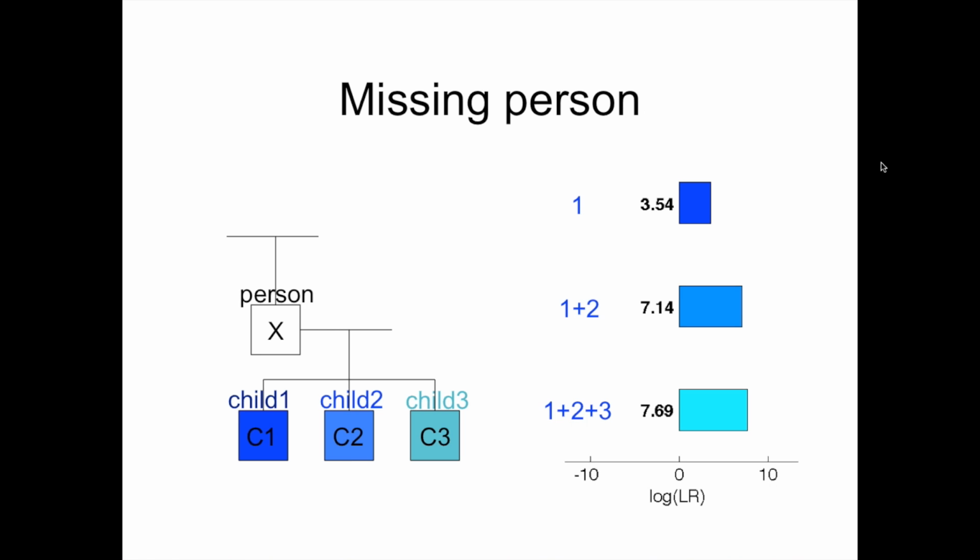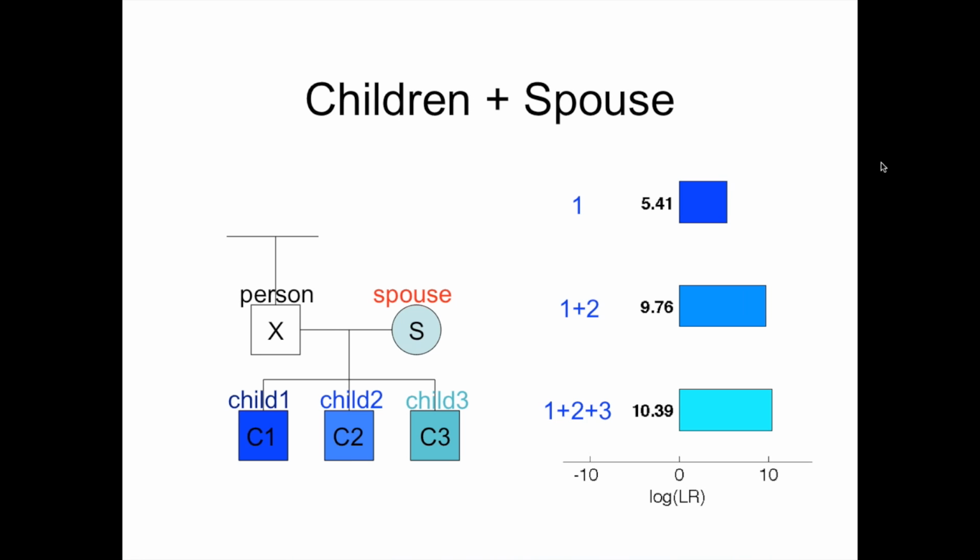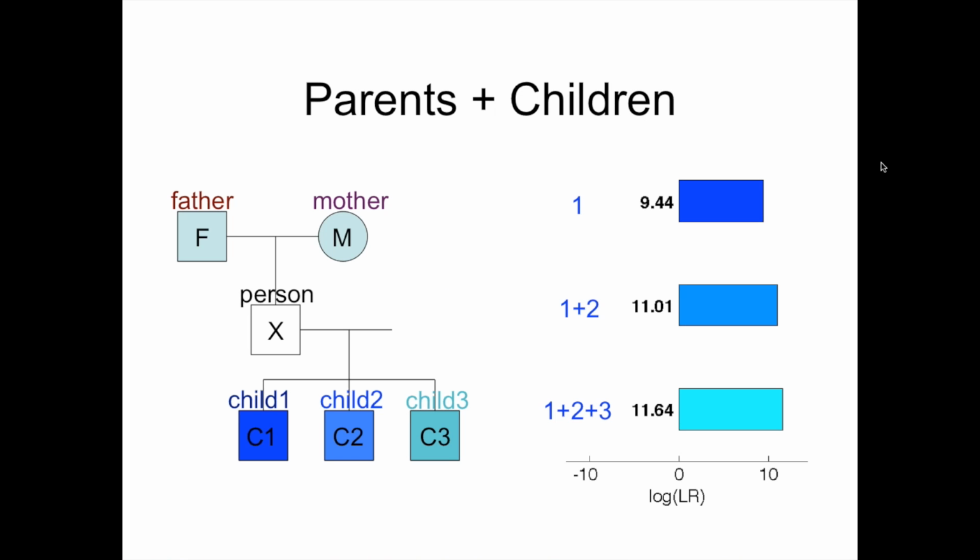Whereas before, without the spouse, the numbers range from 3.5 to 7. Now, as we move in a series from top to bottom on the right, considering 1, 2, or 3 children together, the numbers are moving from 5.5 up to 10. So considering the spouse strengthens the likelihood function for inferring the unknown person X.